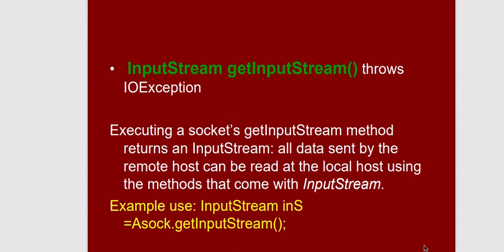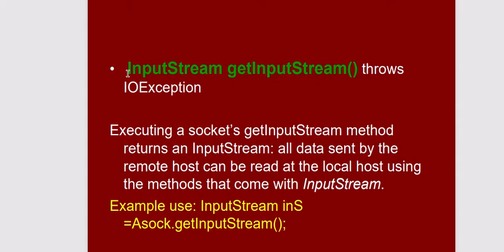So the two methods that come with a socket object are, first of all, the method GetInputStream. It doesn't take any parameters. All it does when you execute this is to return a particular stream. So the object that it returns is of type InputStream. And you're going to have to cast your mind back to the work that we did on input streams.